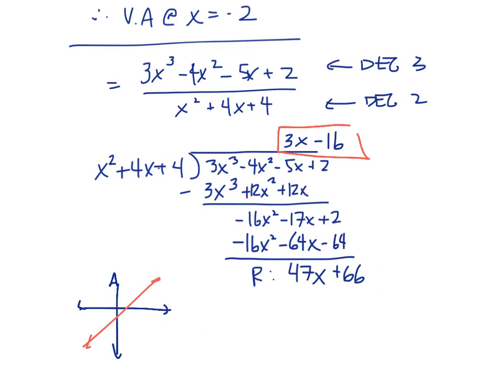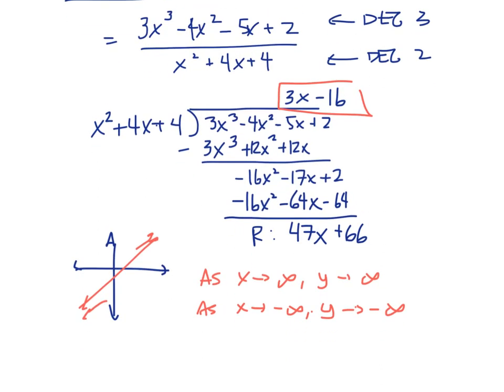So that tells us what the end conditions of the function are going to be, right? Because as x goes to infinity, the function is going to approach this line, either from the top or the bottom. And as x goes to negative infinity, the function is going to approach like that, right? So as x goes to infinity, y also goes to infinity. And as x goes to negative infinity, y goes to negative infinity.